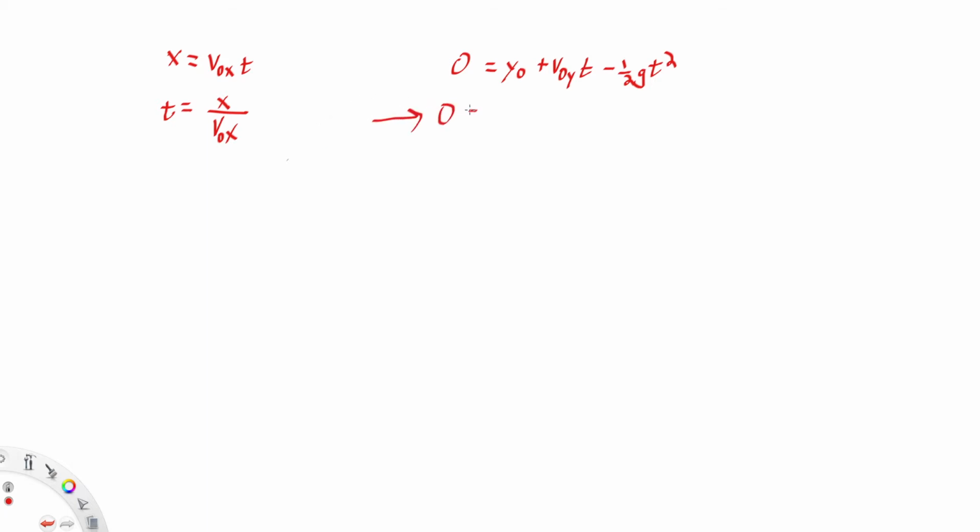So we have 0 equals y naught plus v naught y times x over v naught x minus 1/2 g x over v naught x squared. Is everyone with me so far on the solution to this system of equations?